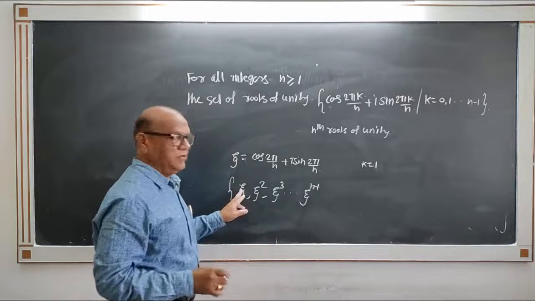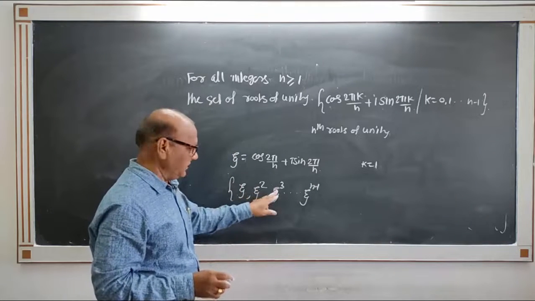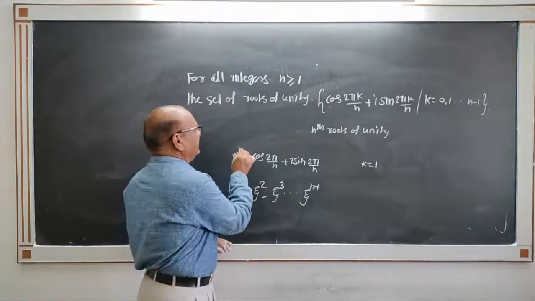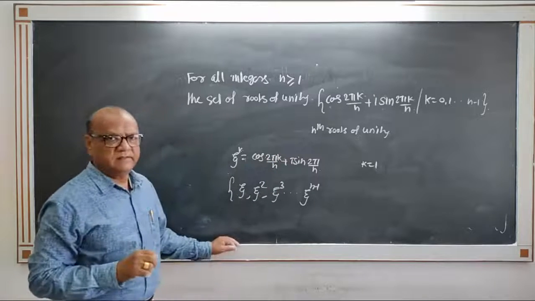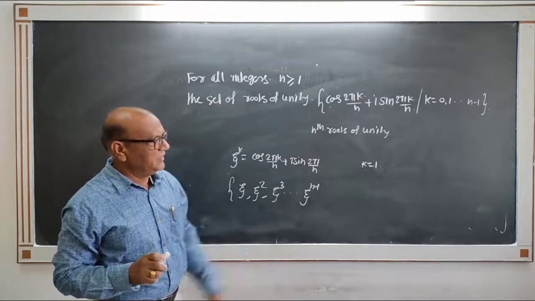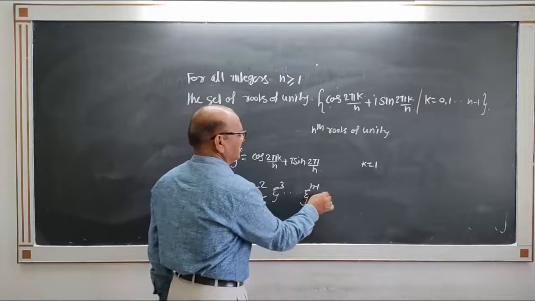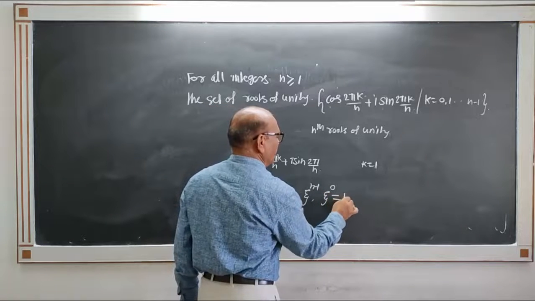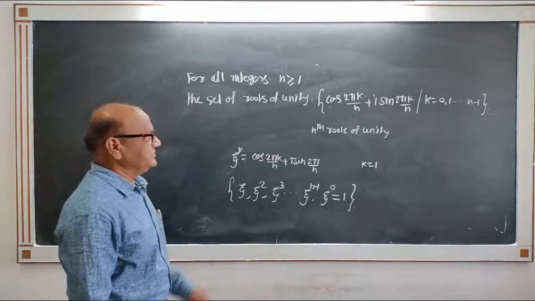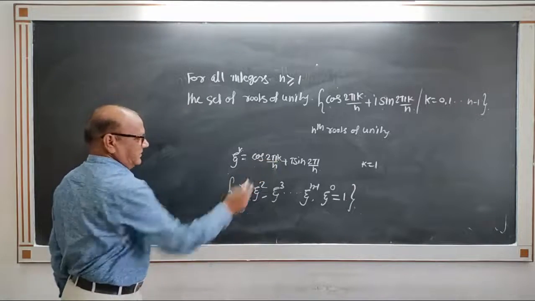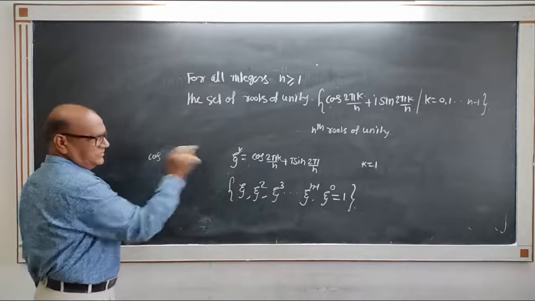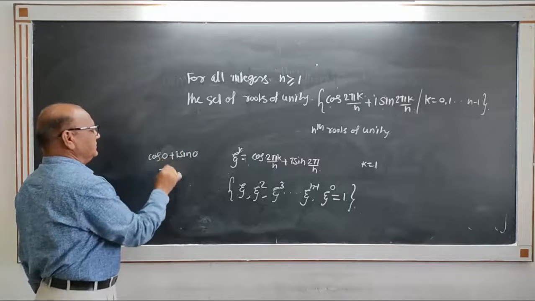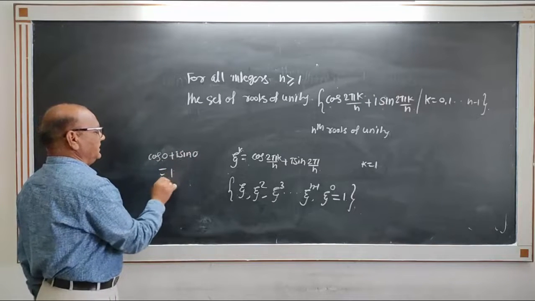Here k varies from 0, 1 up to n minus 1. For k equal to 0, xi raised to 0 is cos 0 plus i sine 0, and since cos 0 is 1 and sine 0 is 0, that means 1.